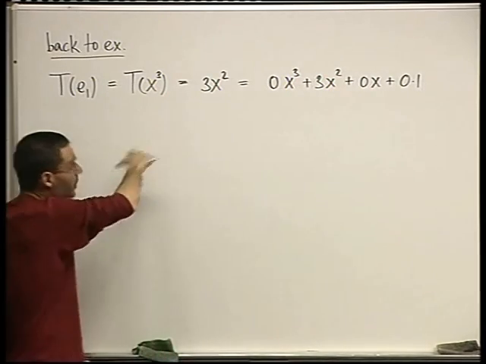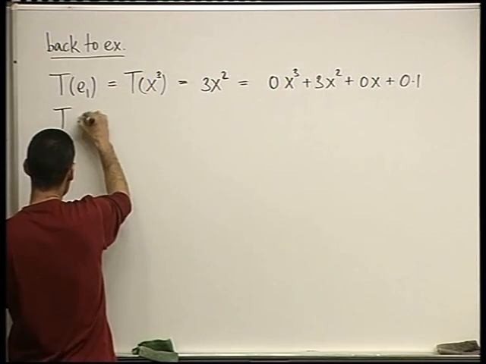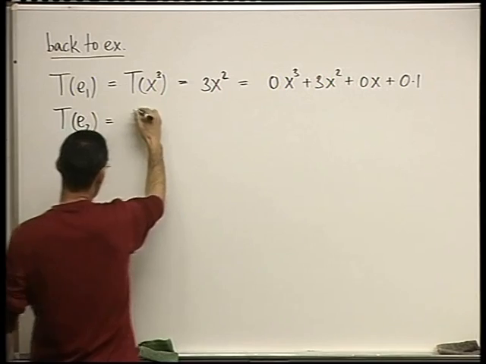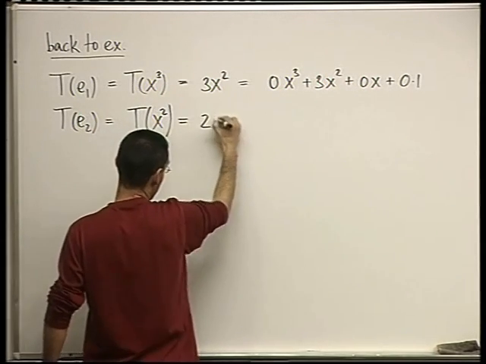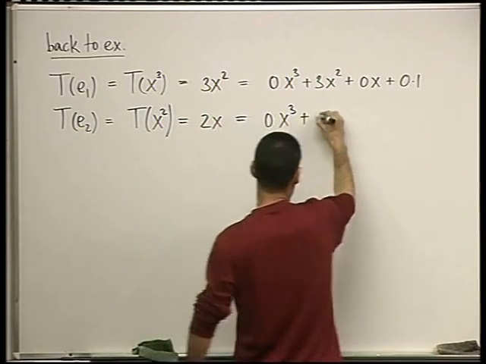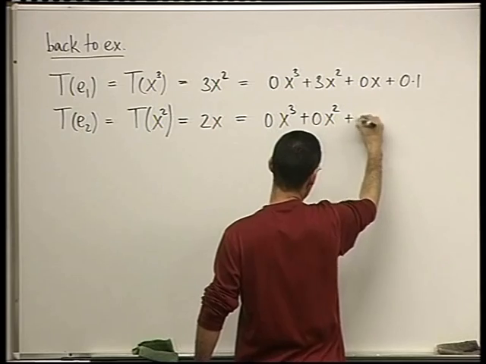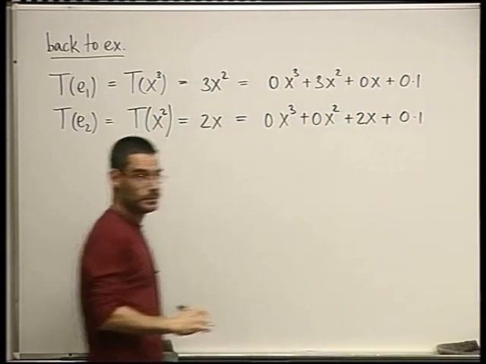That's writing 3x squared as a linear combination of the basis elements. Okay? T of E2 is T of x squared. T of x squared is 2x. Written as a linear combination, it's 0x cubed plus 0x squared plus 2x plus 0 times 1.